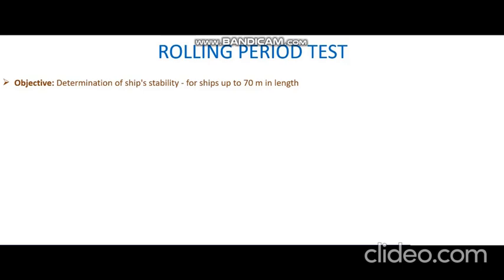Secondly, the bigger ships have bilge keels on the sides. Most of the merchant ships you would have seen in the dry dock have the bilge keel, right? The flat keel and the bilge keels, when the vessel rolls, dampen the roll. They don't allow the vessel to roll freely.